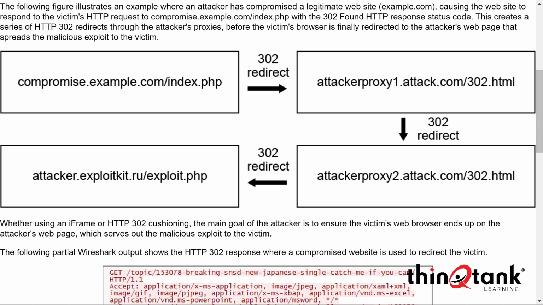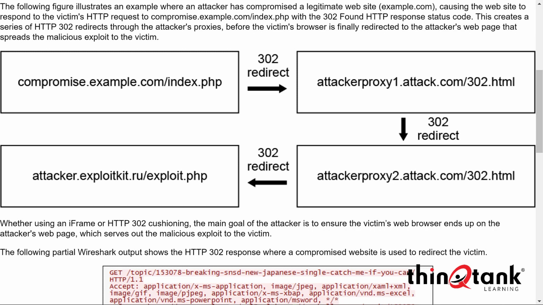All right, so what you're seeing in this particular diagram is an example where the attacker compromised a legitimate website. They generated this 302 Found HTTP response to the victim's computer, compromise.example.com/index.php.